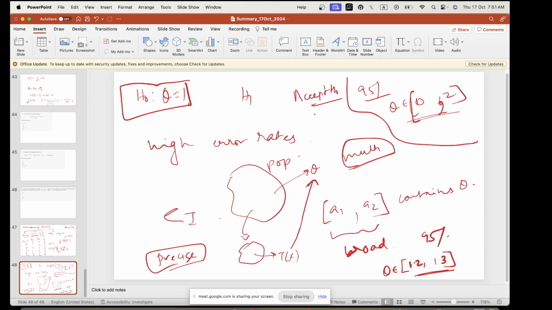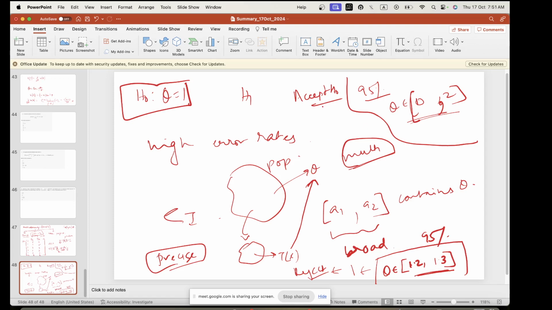But if I am being more precise and if there is no multicollinearity in the data, then my theta will range between 1.2 to 1.3. Now 1 doesn't belong to this interval, so actually we should reject. So this is the true scenario. We should have rejected theta, but instead, because of multicollinearity, we are getting a broader confidence interval.